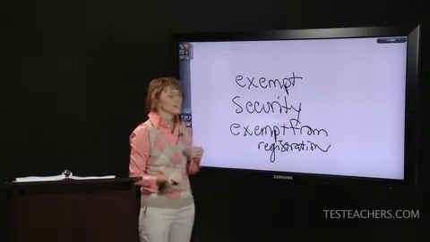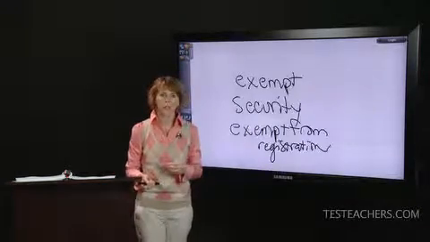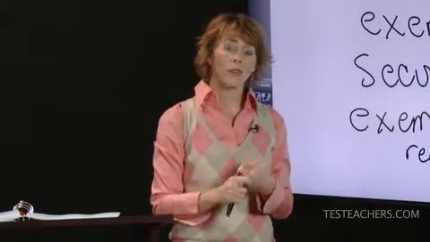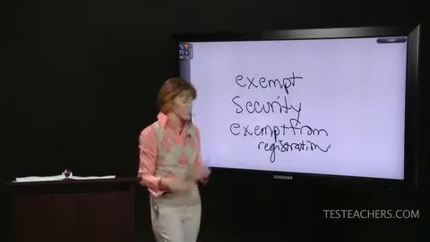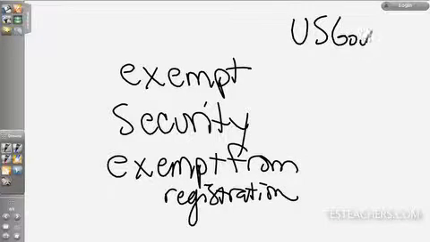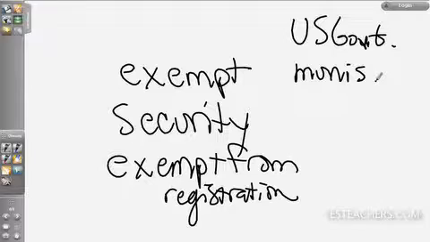So the rationale behind a security being exempt is one of two. It's either so safe that we don't require registration. Okay, don't say that to your clients, but that's the idea behind it. Like U.S. government securities are exempt securities. Municipal securities are also exempt securities.